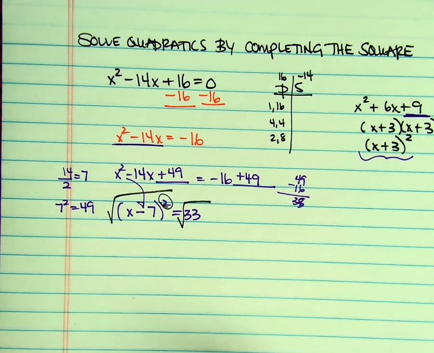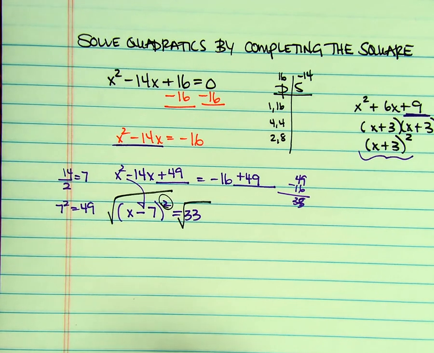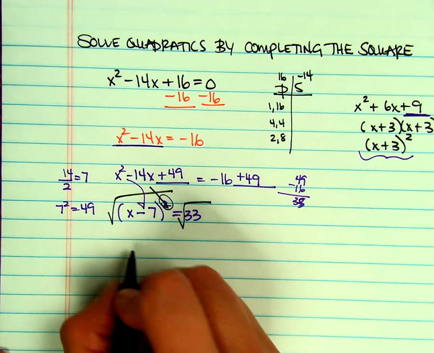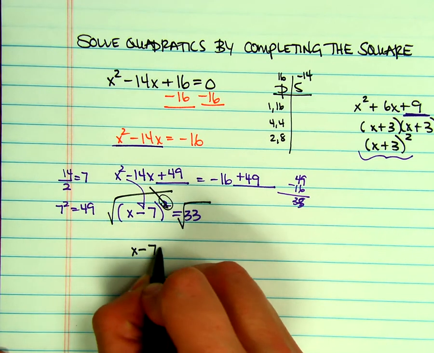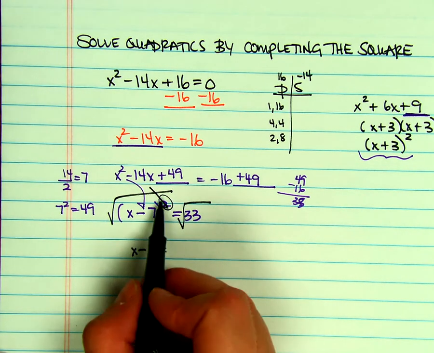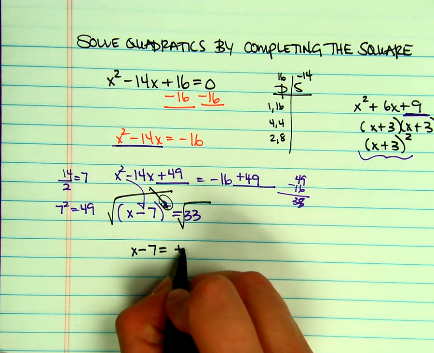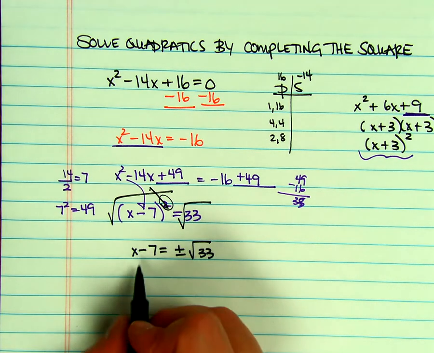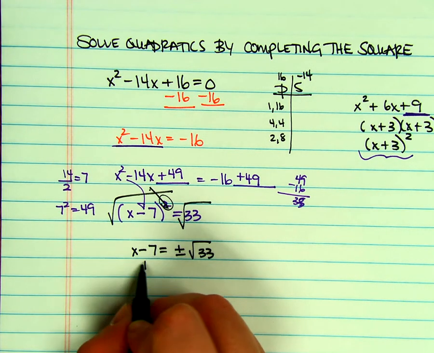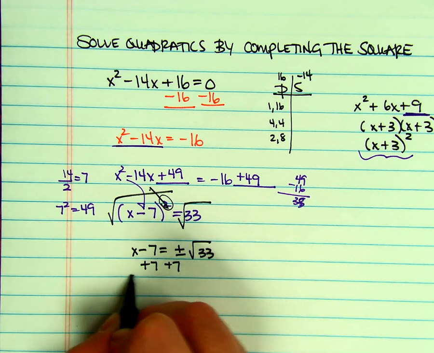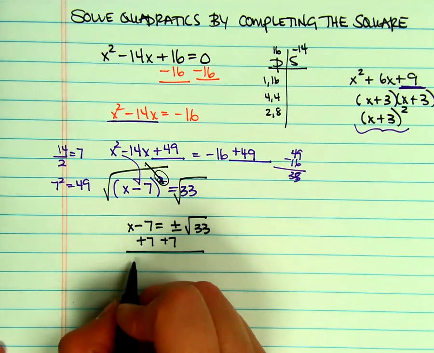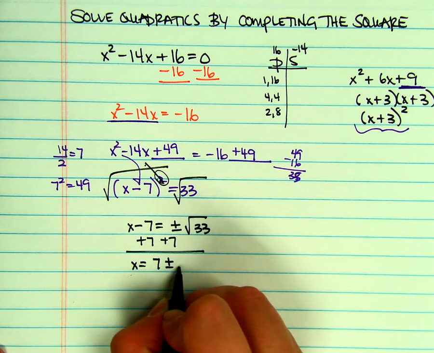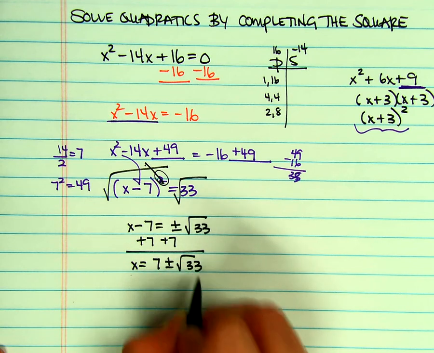And what do you have to do if you add the square root sign? You have to add the plus or minus sign as well. So x minus 7 now equals plus or minus the square root of 33. We are still solving for x, so we add 7 to both sides. Be careful with this. So x equals 7 plus or minus the square root of 33.